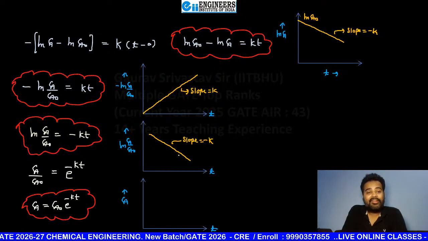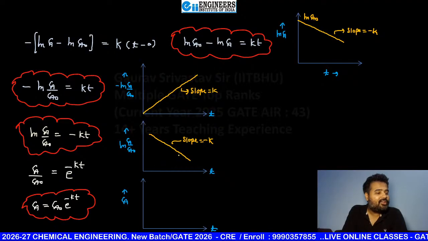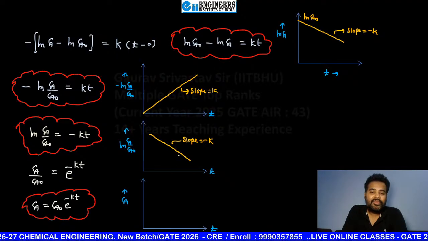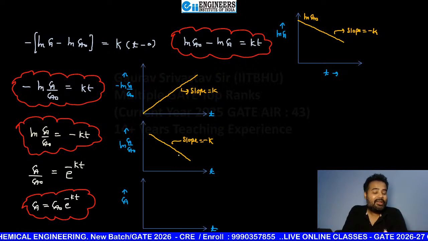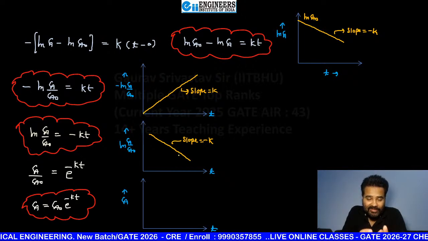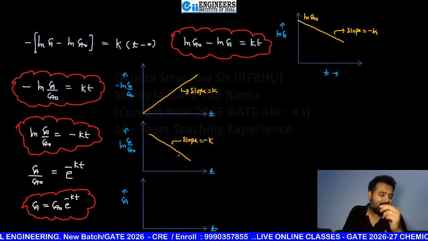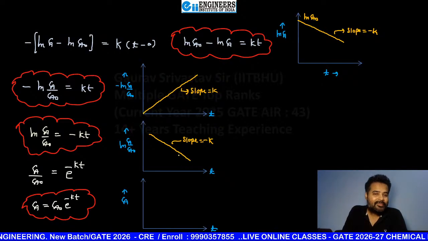Can you draw it like this? क्या आप इसे बना सकते हो? Is there any mathematical sense, is it okay? Very good. Mathematical sense is okay. But is your CRE sense, technical sense also okay? Very good. Very good.